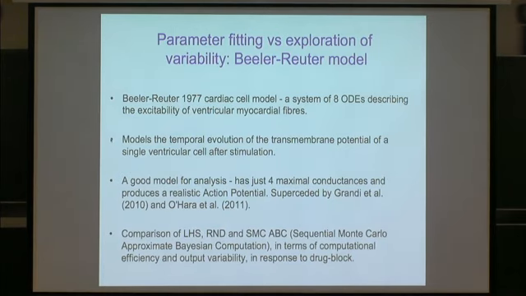So we compared Latin hypercube sampling and a new algorithm, which is a sequential Monte Carlo approximate Bayesian computation algorithm. And we compared it in the sense of asking what sort of distributions or models do we build under these different sampling techniques, and what is the effect if we then applied some out-of-sample prediction.